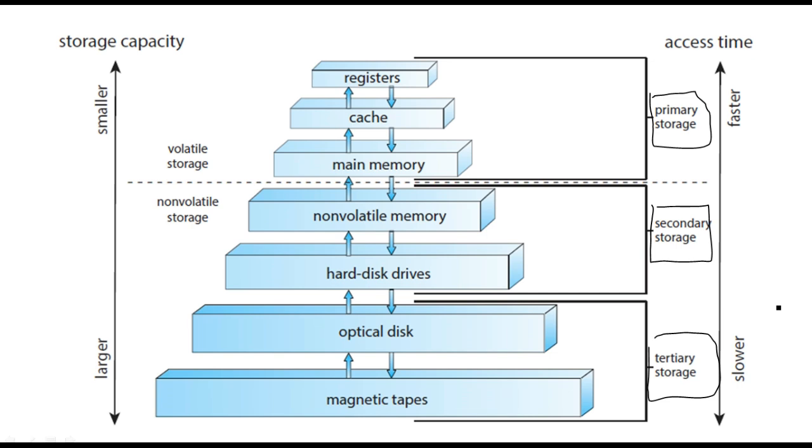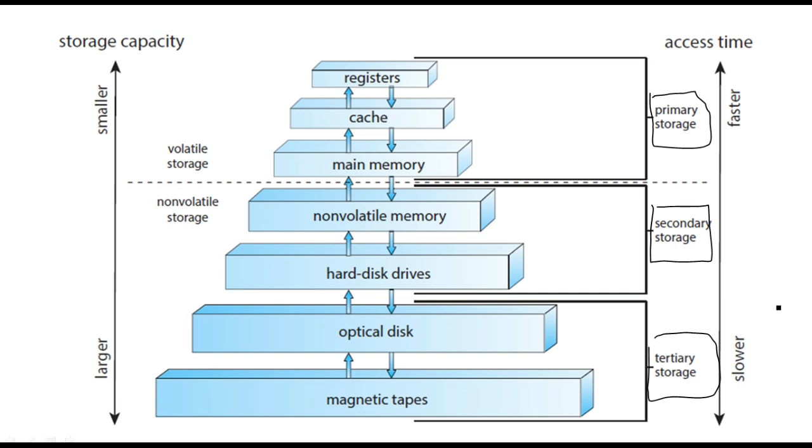The main memory is the only large storage area that the processor can access directly. It is commonly implemented in semiconductor technology, which is called DRAM or dynamic random access memory, which forms an array of memory words.